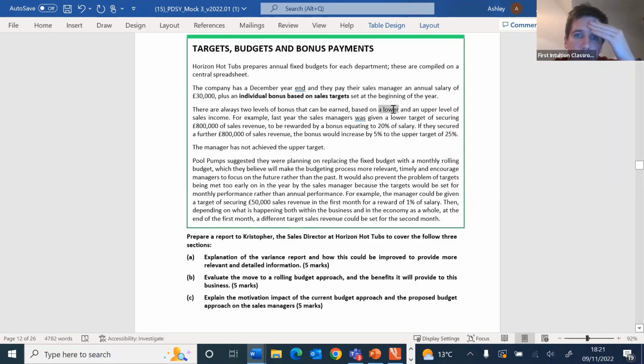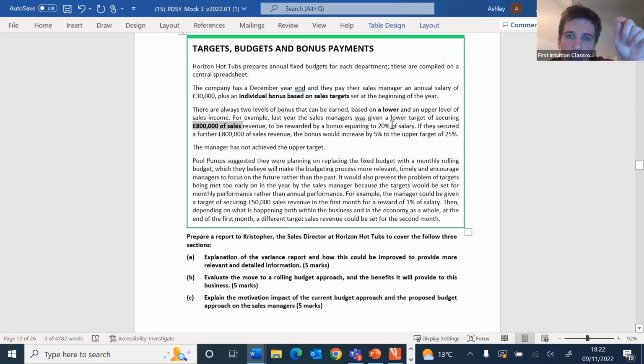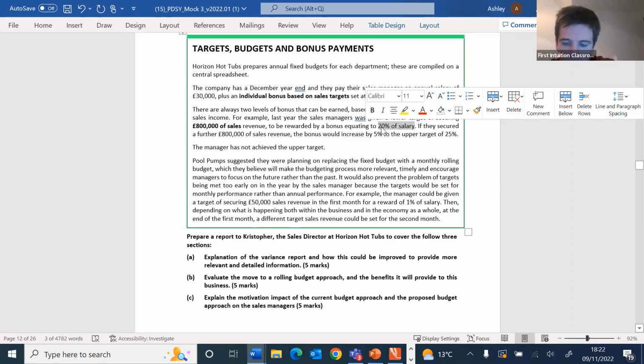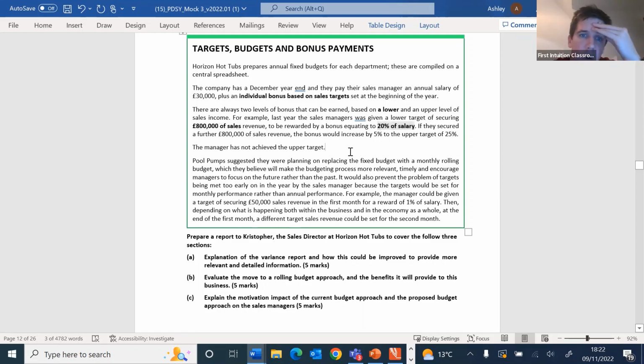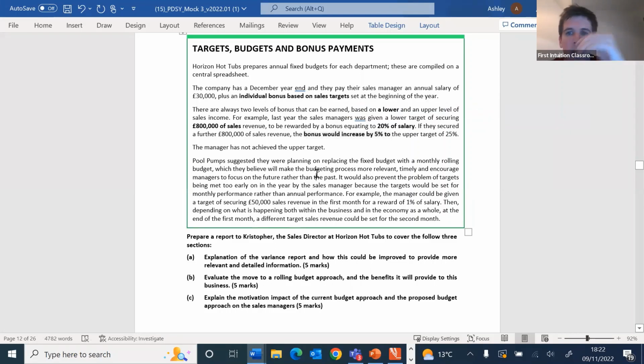The lower level is that when managers generate £800,000 worth of revenue, they get a bonus equating to 20% of salary. If they then secure a further 800,000 in sales, the bonus increases just by 5%. So the upper target is 25%.